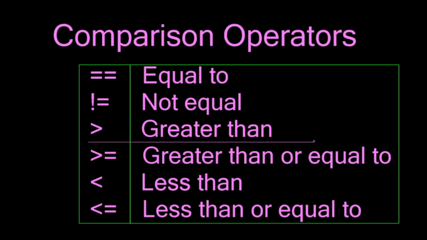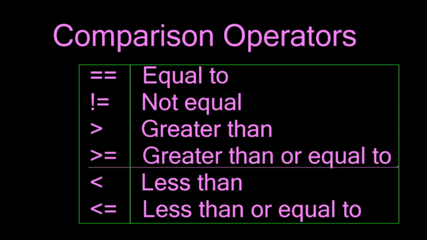Then we have the greater than comparison operator, which finds out if one value is greater than the other. If it is, we have true. Otherwise, we have false. Then we have this operator, which is greater than or equal to.